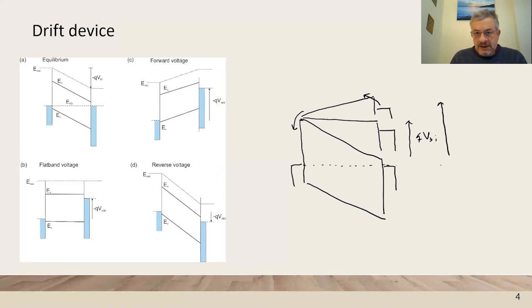On the other hand, we can apply a bias in the other direction, and this is the reverse bias. So we can modulate the direction of the electrical field, and if there is photogenerated charge, we can control the direction where the charge is extracted.